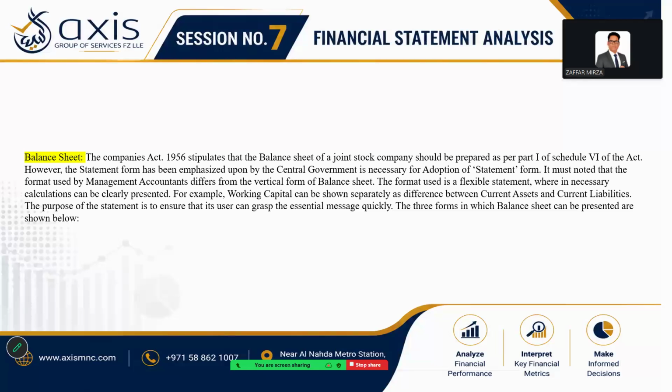So this is as per the Companies Act 1956, Indian Act, okay? It stipulates that the balance sheet of joint stock companies should be prepared as per Part 1 of Schedule 6 of the Act. However, the statement form has been emphasized by the central government.